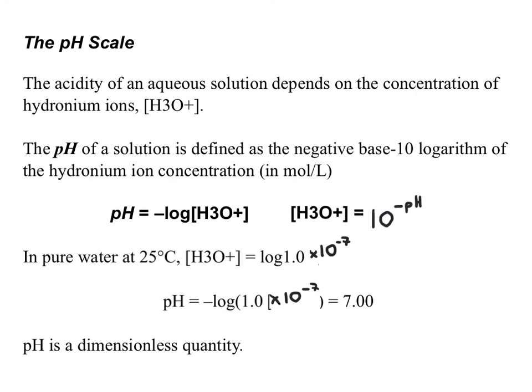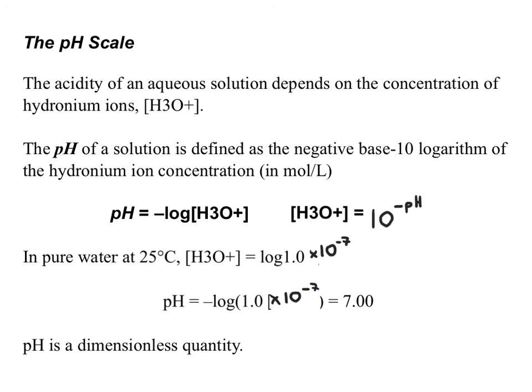The pH scale. The acidity of an aqueous solution depends on the concentration of hydronium ions, H3O+. The pH of a solution is defined as the negative base 10 logarithm of the hydronium ion concentration in moles per liter, i.e. pH is negative log of the concentration of hydronium ions, and the concentration of hydronium ions is 10 to the negative pH.